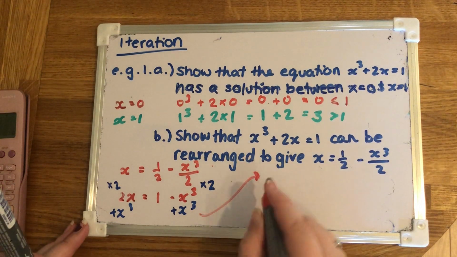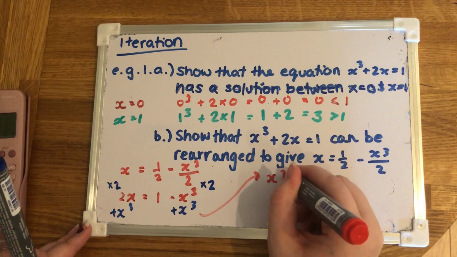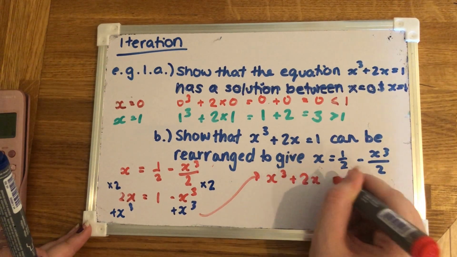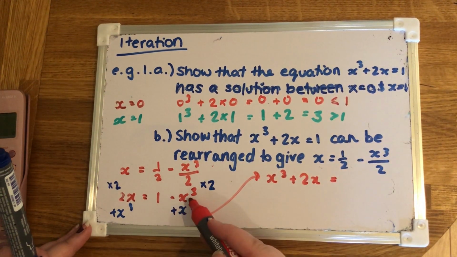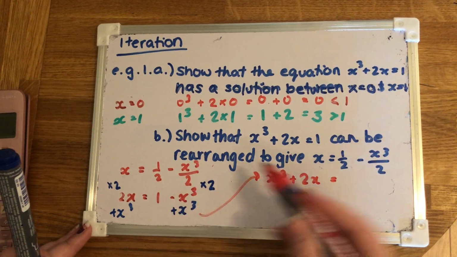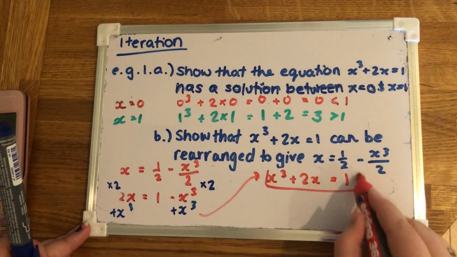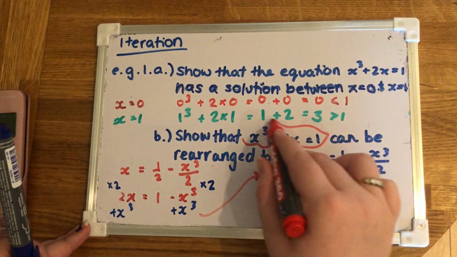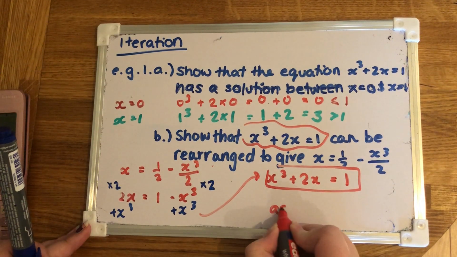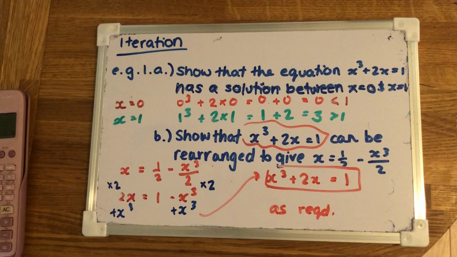So by doing that, the left-hand side is now going to have x cubed and 2x, which is what we wanted. Okay, minus x cubed plus x cubed is no x cubes, but we still have this 1 here, so that's going to stay on the right-hand side. Okay, and it looks like what we needed to find, which was this bit. Okay, so at the end I always write as required. Okay, just to show that you've done what they've asked.